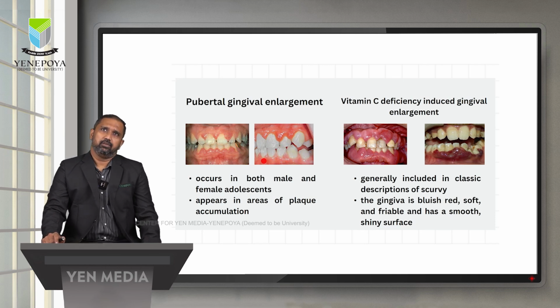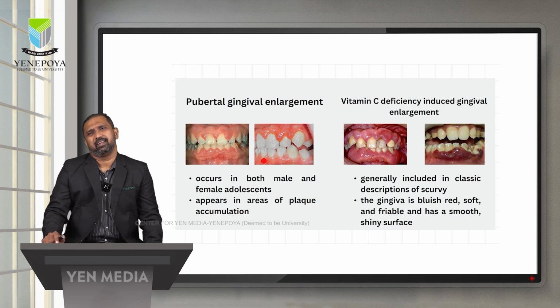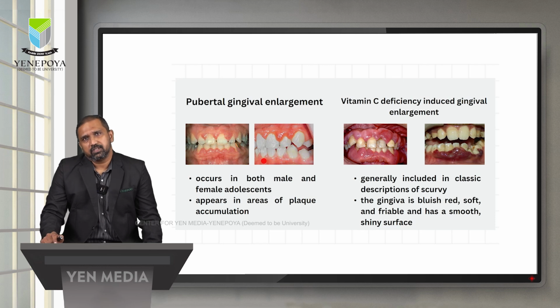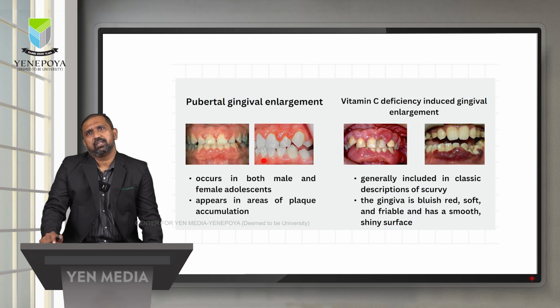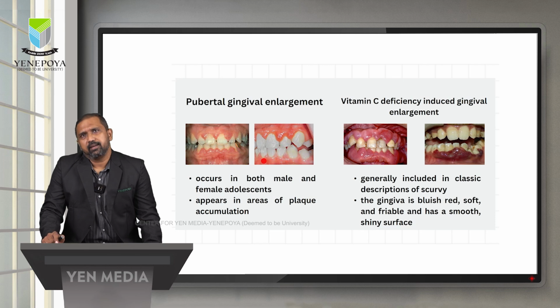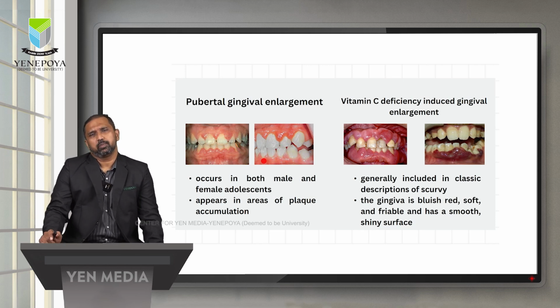Vitamin C deficiency induced enlargement is very rare in the present world, but in earlier days it was typical. It is one of the clinical signs of scurvy. The gingiva becomes bluish red in color, soft, friable, and has a smooth, shiny surface, and it will be secondarily infected with poor oral hygiene because of the overgrowth of the gingival enlargement.